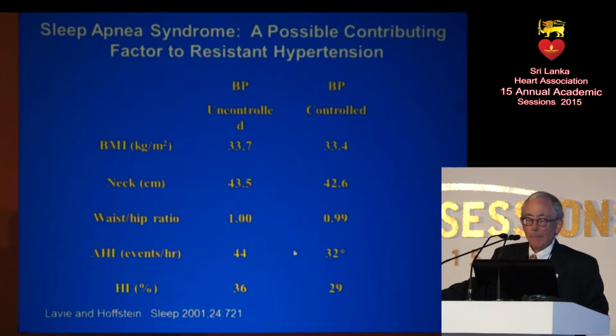The real measure is the resistance and obviously the correlation with the obstruction of sleep with a high apnea-hypopnea index. So the point here is you just can't look at the patient and pick it out based on the size of their neck, their body mass index, or their waist to hip ratio. It really has to be diagnosed with a sleep study.